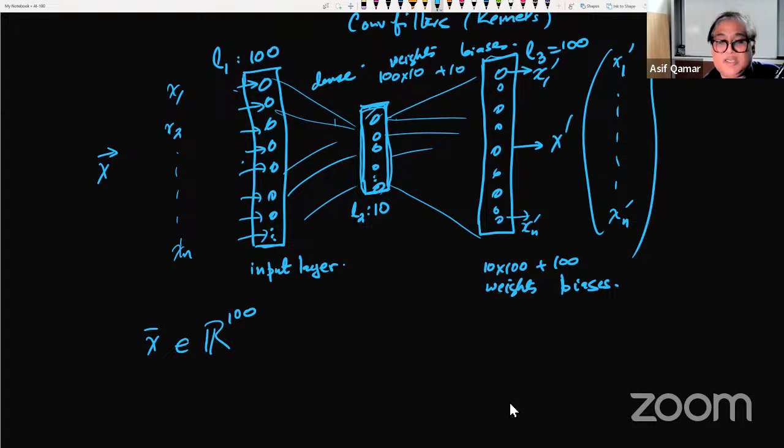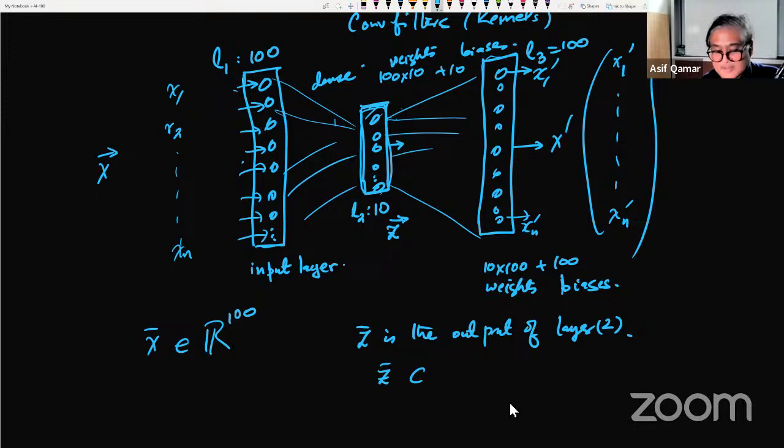This thing, what is coming out here, let's call it Z vector. Z is the output of layer 2 here. Z belongs to, what is the space it belongs to? Yeah. A 10-dimensional Euclidean space.